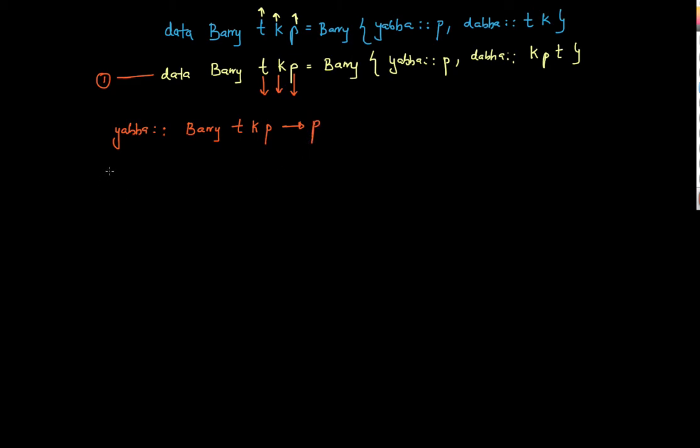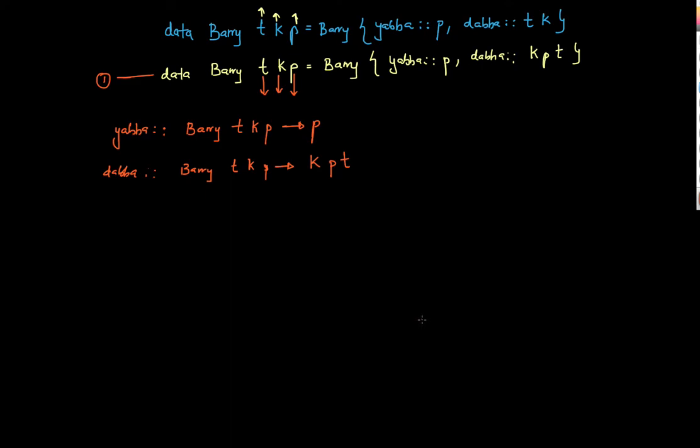And finally daba has a type signature where it takes in some value of type Barry t, k, p, and gives you back as an output some value of type k, p, t.